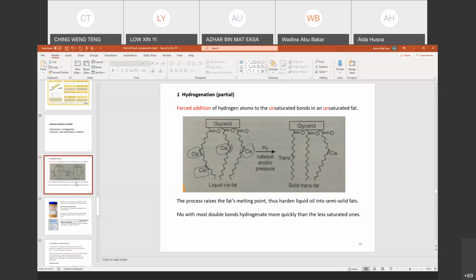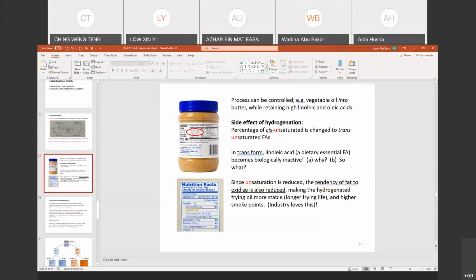That's why you do hydrogenation. So the process can be controlled. Vegetable oil into butter, for instance, there are processes for that. You can make butter from vegetable oil while retaining the high linoleic and oleic acids.